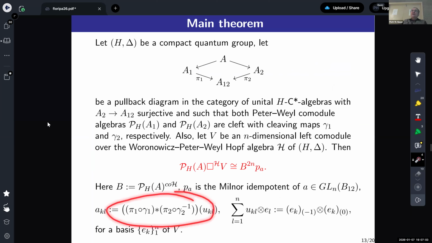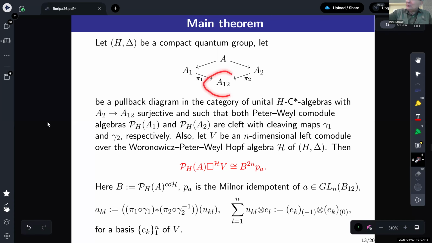Well, you need one more thing. I brushed it under the carpet, but by the way I defined it, I'm landing in the Peter-Weyl algebra of A12, and I want to land in the invariant algebra. But you can prove that the equivariance of a convolution inverse is exactly opposite to the equivariance of your initial map, so when you have something convolved with something inverse, this lands in the invariant part.